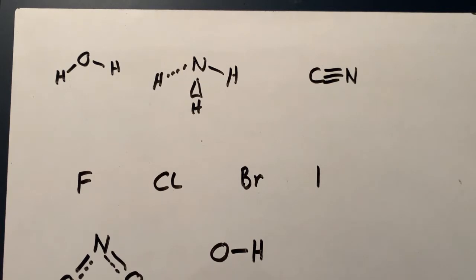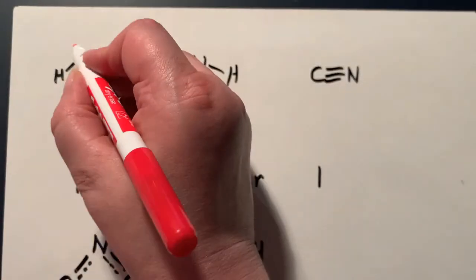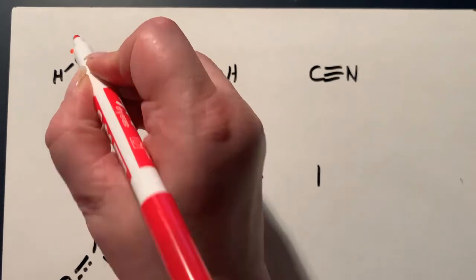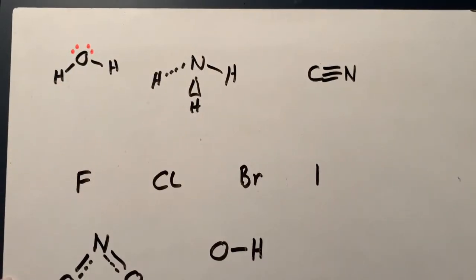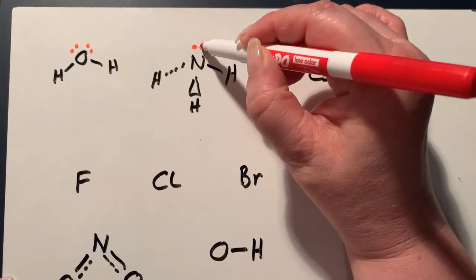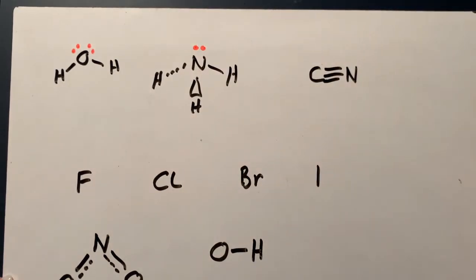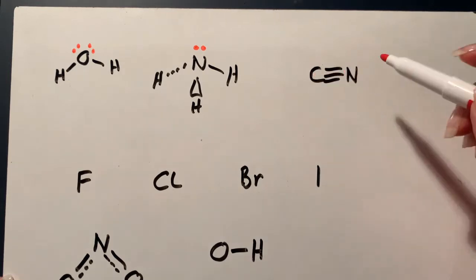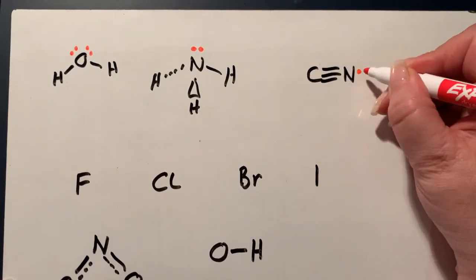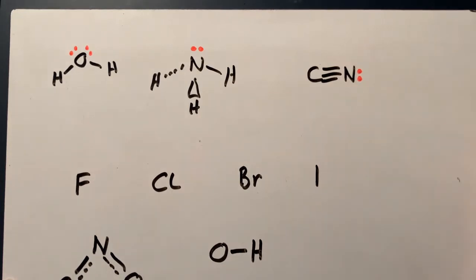Okay, so if we have a look at the number of electrons around each of these, oxygen has got 2 lone pairs, or the oxygen in water has got 2 lone pairs of electrons. The nitrogen has a lone pair of electrons. In cyanide, this nitrogen has a lone pair of electrons.